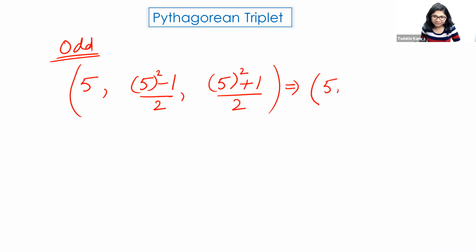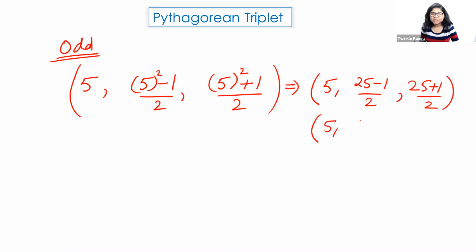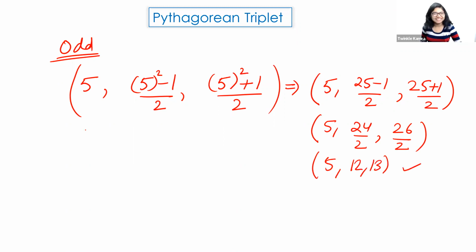It is 5, comma 5 square is 25 minus 1 upon 2, 25 plus 1 upon 2. 24 upon 2, 26 upon 2, and it is 5, 12, 13. This is my Pythagorean triplet for 5, right?